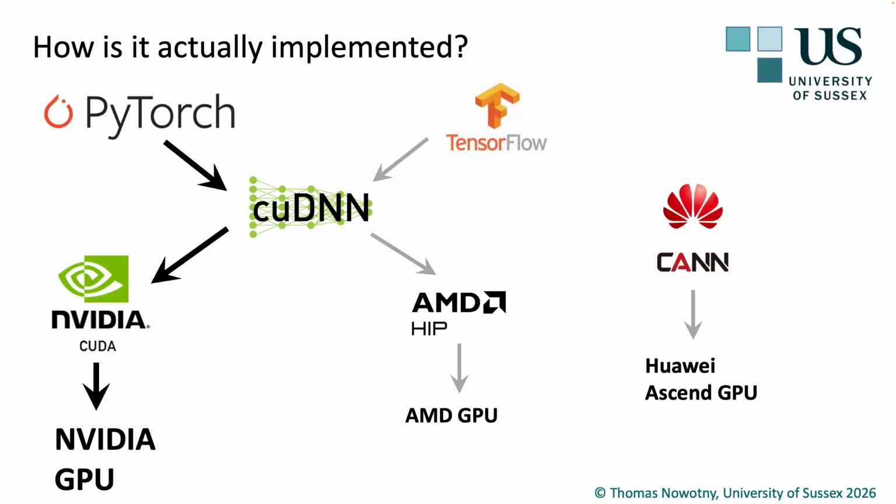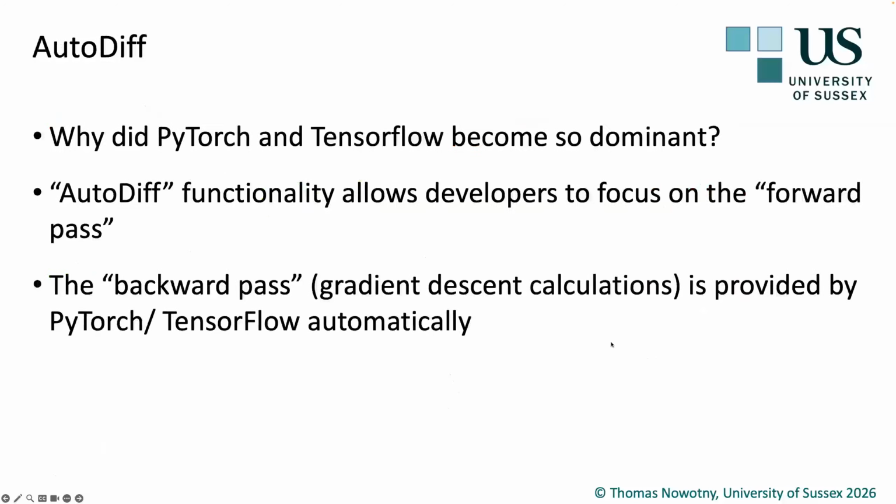Why did these get so dominant? The reason, in my mind, is that they offered developers an abstraction where they could do their gradient descent in a very convenient way, because they have something called autodiff. Autodiff is the ability to put in a model and get the differentiation of a loss function and the direction to go during training in the gradient. You get that all from the software directly, so you don't need as a developer to do the math.